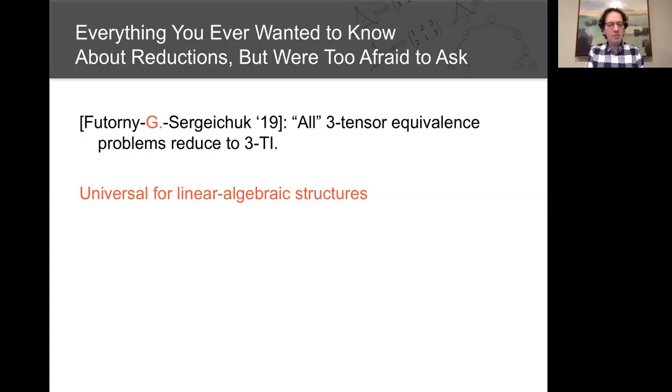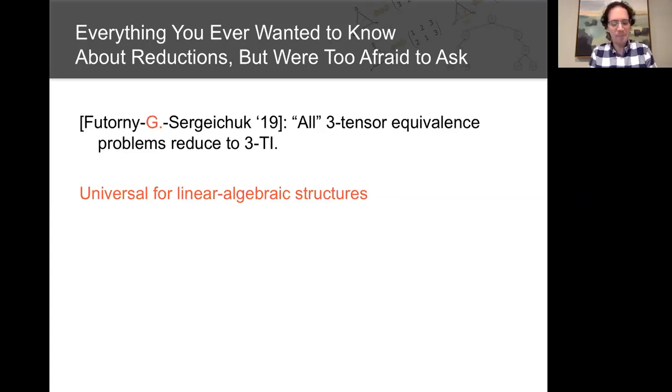Well, now you have a finite dimensional vector space, and you have some linear functions and some linear relations, or multilinear functions and multilinear relations. And it turns out that tensor isomorphism is universal for those. So again, as with graph isomorphism, this is not just a problem we picked out of thin air. This problem really is universal for a very natural class of structures that arise all over the place.